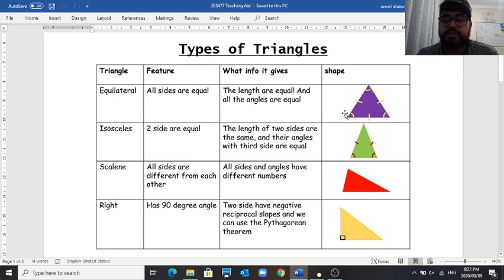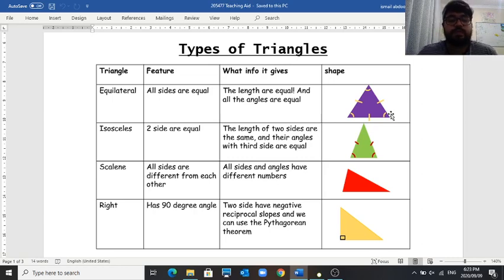The same can be said with the angles. The first angle is equal to the second angle, which is equal to the third angle. All of their angles are equal to 60 degrees.